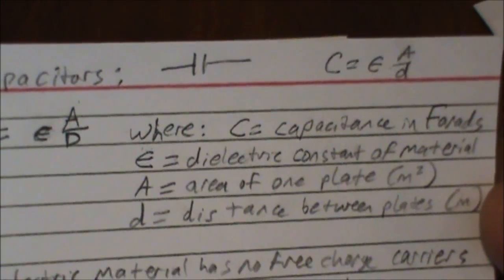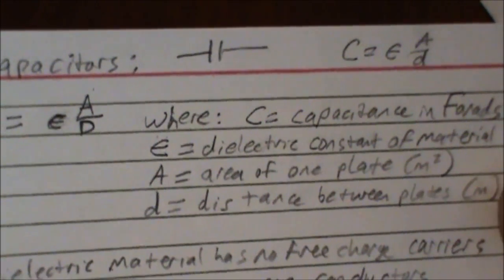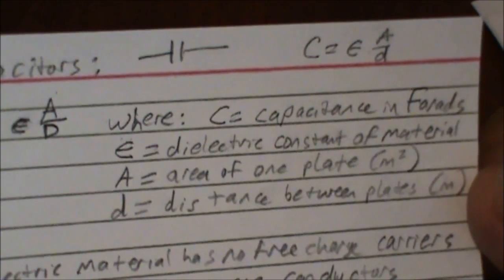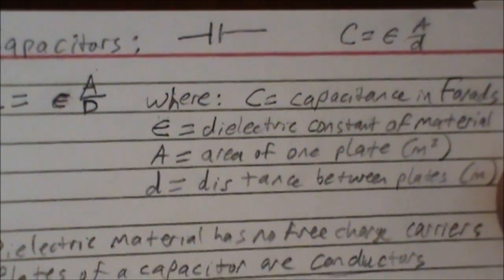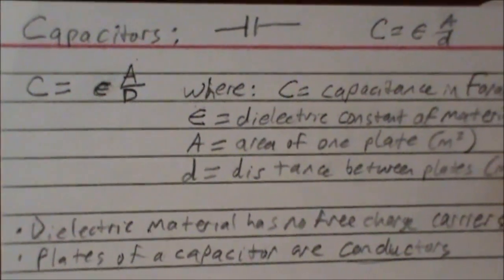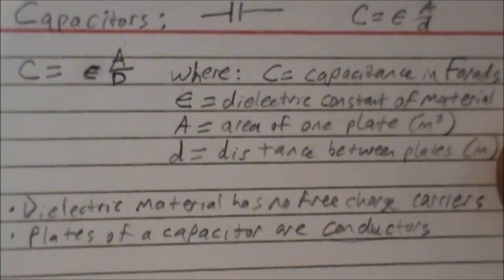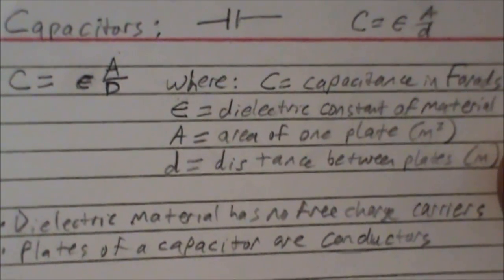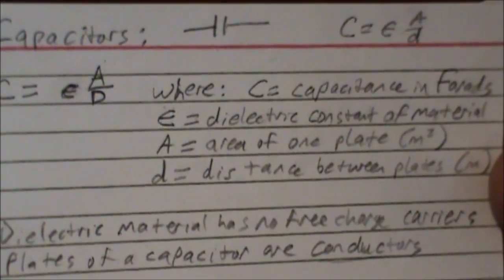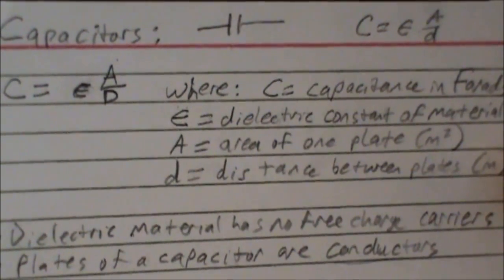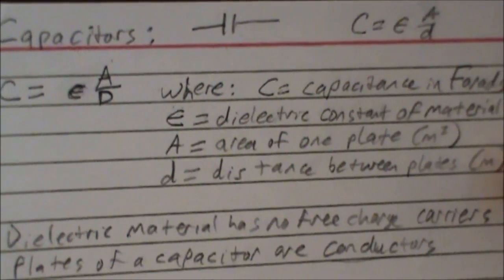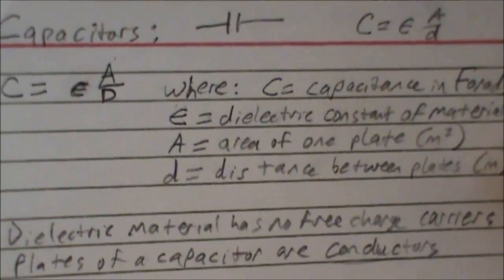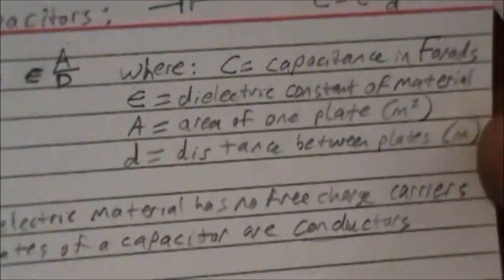C equals E times A over D, where C is your capacitance in farads, E is the dielectric constant of the material, which will be given to you in a table of some sort. And then we have the area of a plate, just one of the plates. In almost every application you see, the area of one plate will equal the area of the other, length times height.